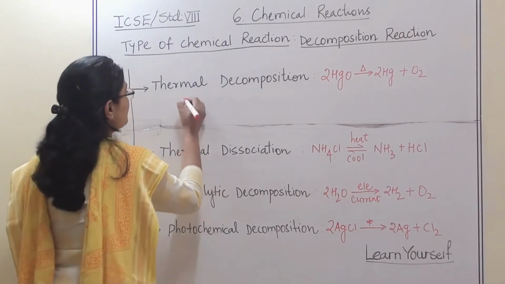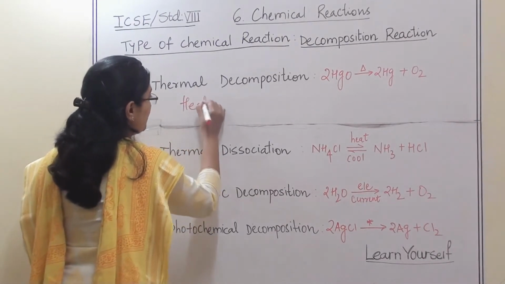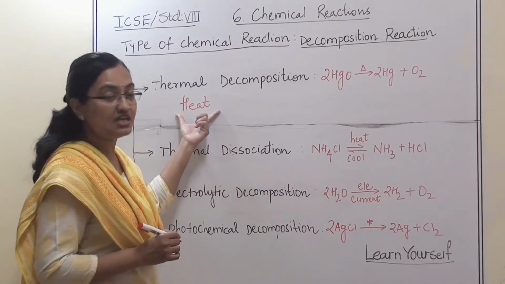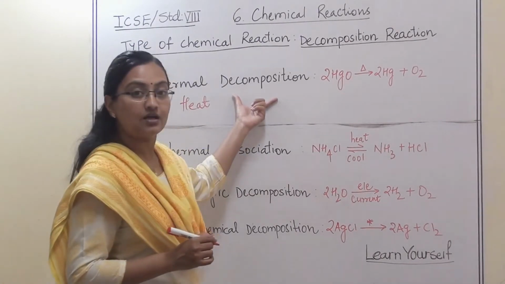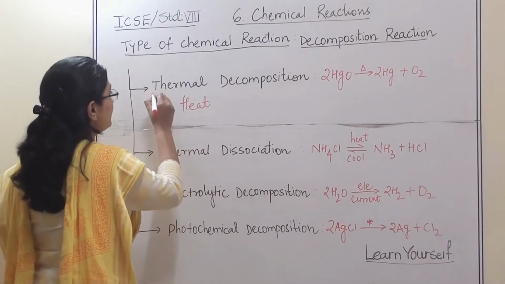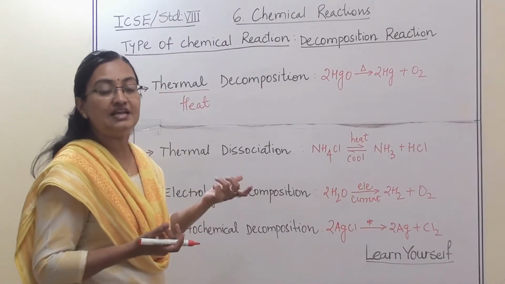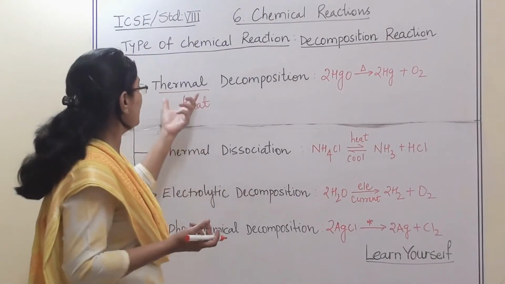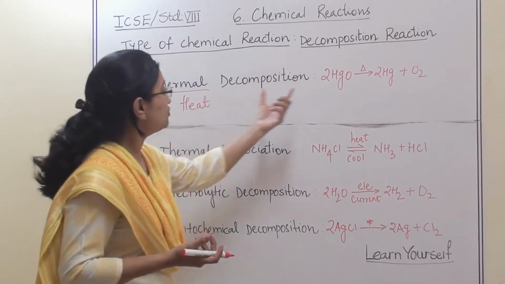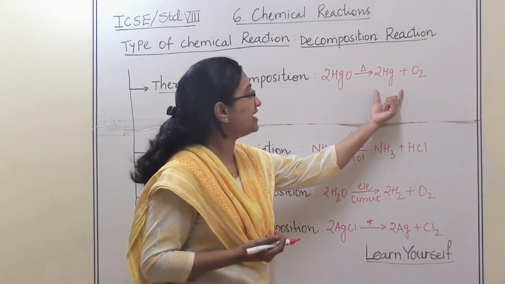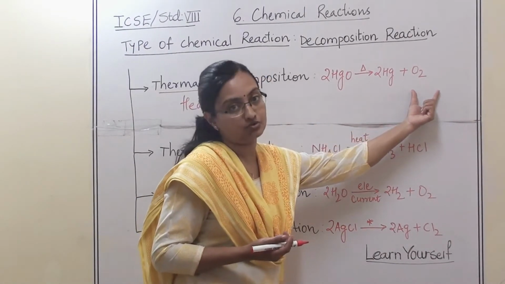The decomposition we do with the help of heat is known as thermal decomposition. The name thermal suggests heat. The example is mercuric oxide. When we heat it, we will get mercury and oxygen.